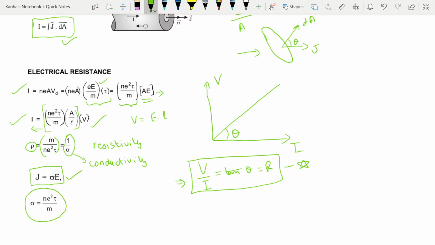So it can be expressed in both forms: J is equal to sigma E as well as V is equal to IR. Note one more thing from here, that resistance is equal to rho into L by A. So it depends on the dimensions of the conductor and its resistivity.